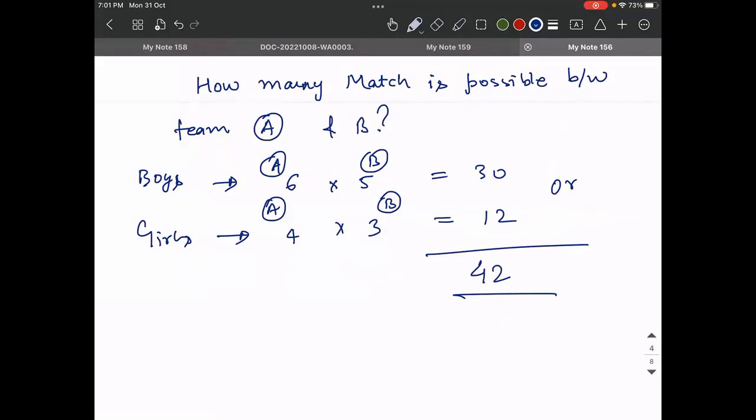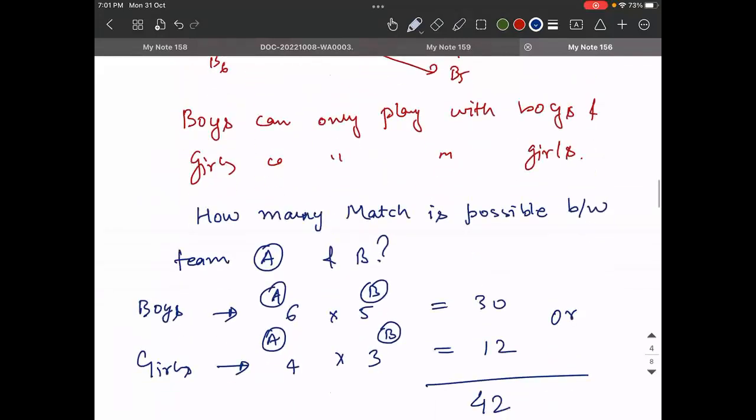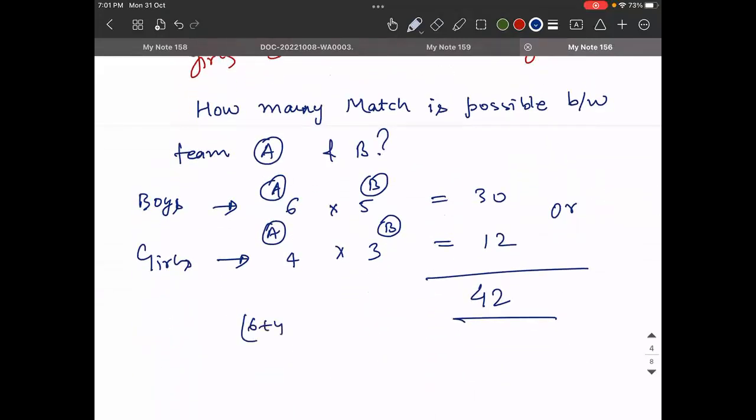Because either the boys will play together or the girls will play together. They do not play with each other, right? So how many total participants are there? 6 plus 4 multiplied by 5 plus 3. So if all can play with each other, that means 10 multiplied by 8.